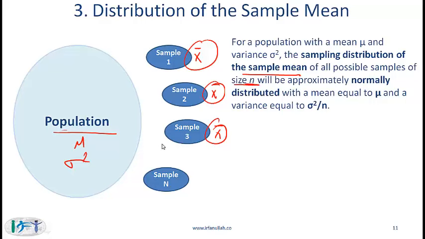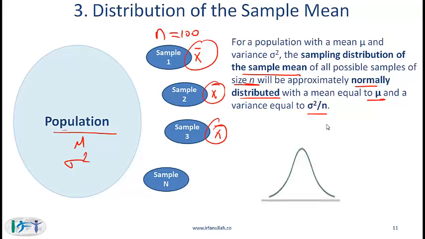Each of these samples needs to be of size n, and let's say that n is 100 in our example. So the distribution of the sample means will be approximately normal, with a mean equal to mu and a variance equal to sigma squared over n.